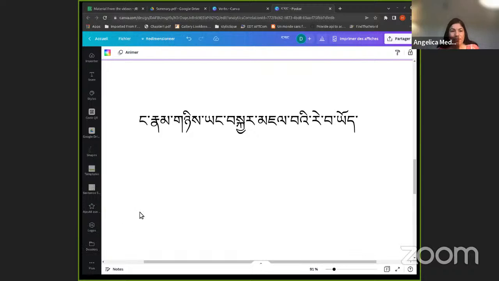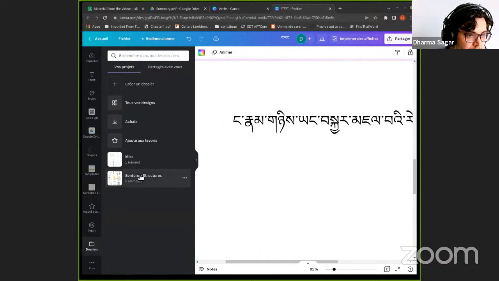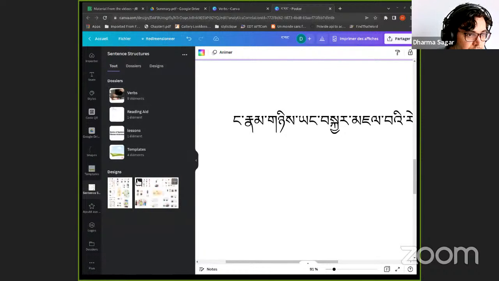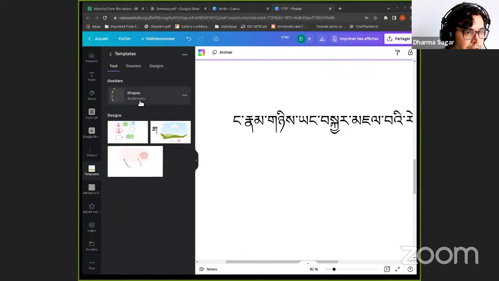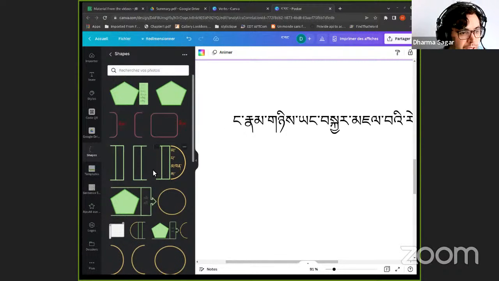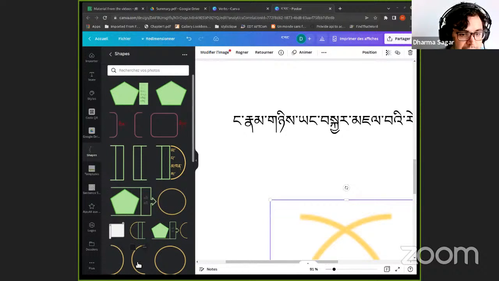Here are the shapes. So nanami. What we have here is a nominal group, right? Nanami is the subject.